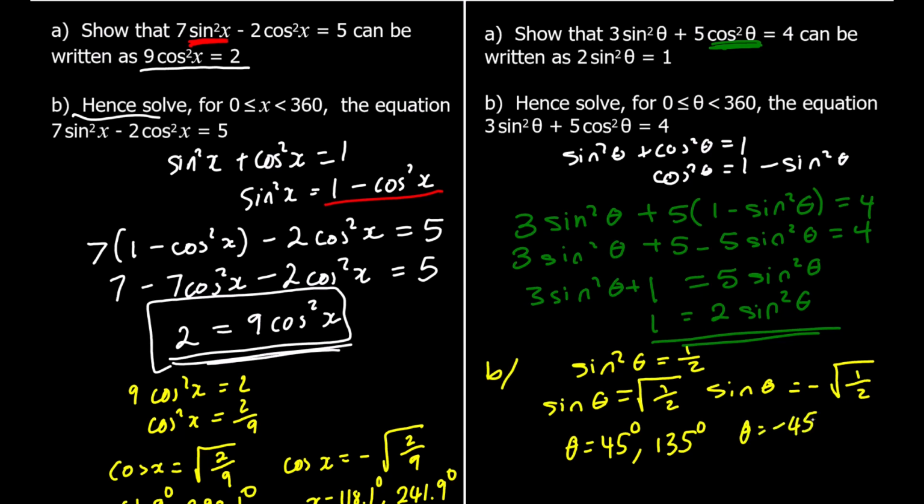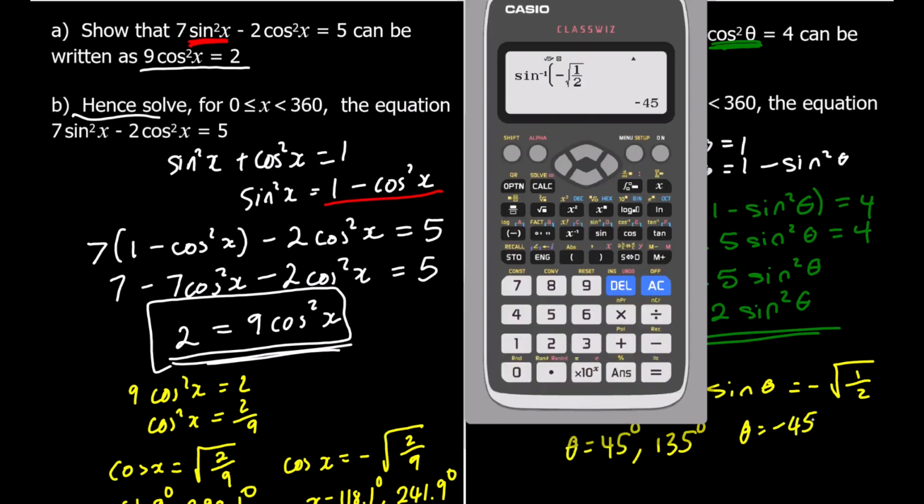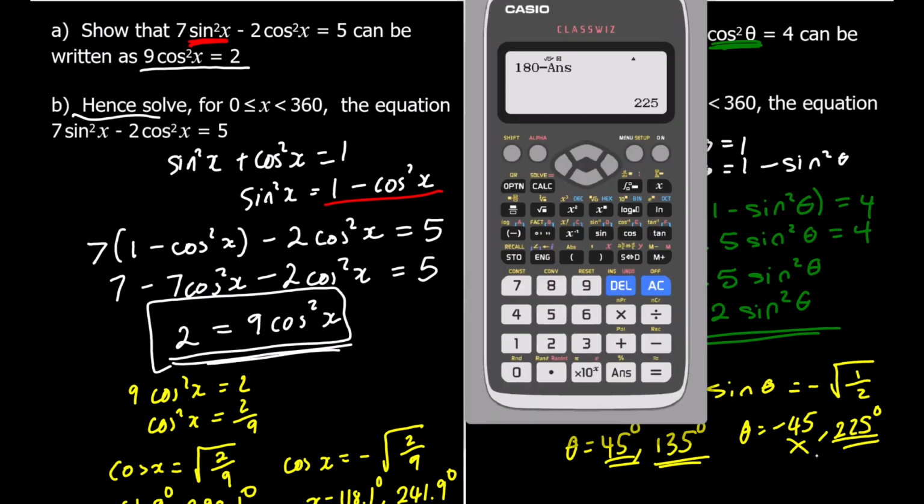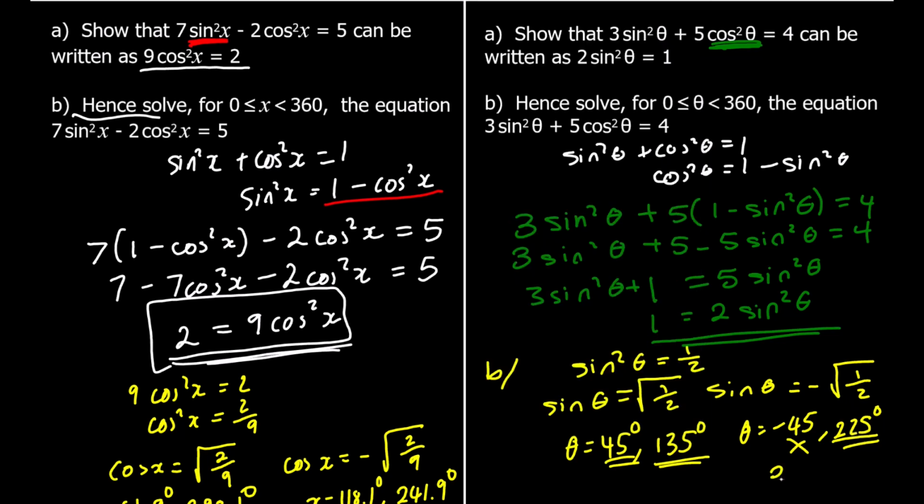We don't want that answer, but let's do 180 minus the first answer to get the second answer, which is 225. So we want 225. We don't want 45. But if we add 360 onto it, negative 45 plus 360, we'll get another answer of 315 degrees.